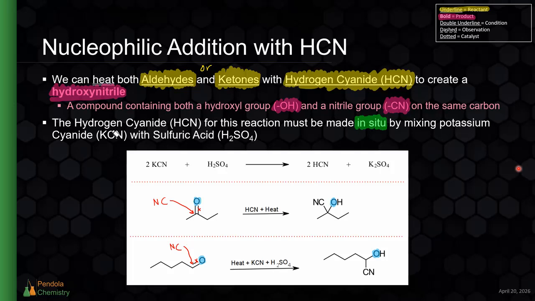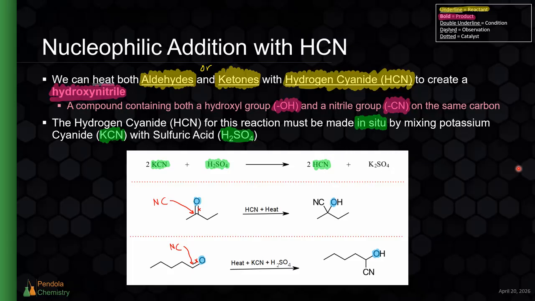And those reactants are potassium cyanide and sulfuric acid. When potassium cyanide and sulfuric acid react together, they react in a 2-to-1 ratio to create the hydrogen cyanide that we need for the reaction, and also potassium sulfate.